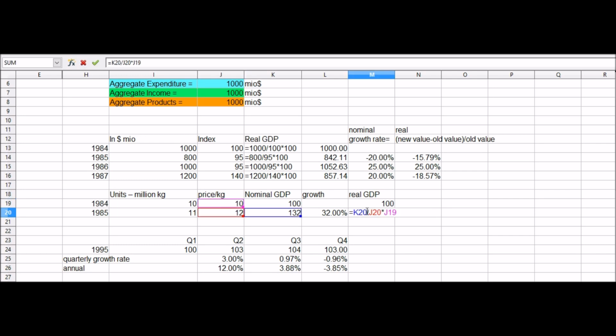Post-deflation, we can see that the real GDP now represents a true picture of growth in our hypothetical economy. We can now see how much of the GDP growth is due to a real increase and what is the nominal increase in GDP.